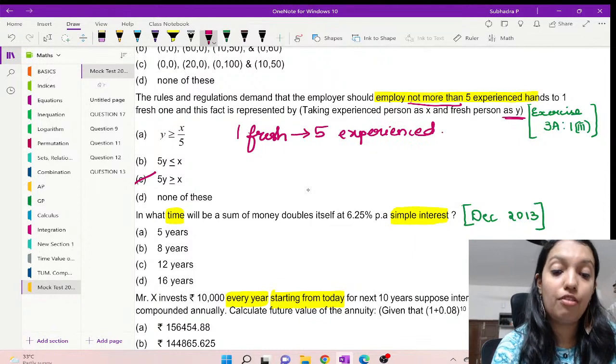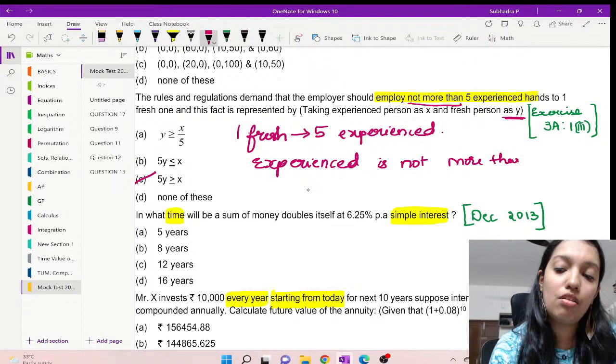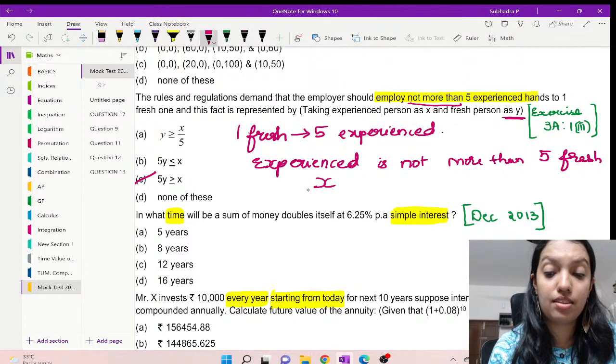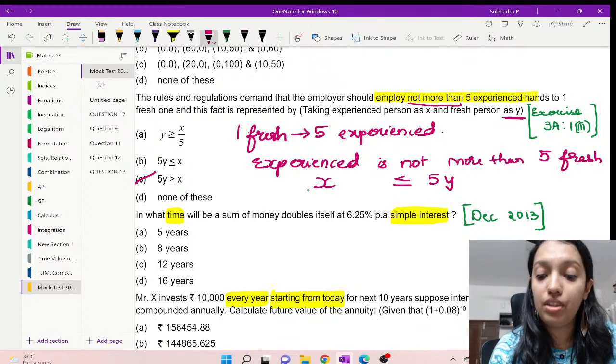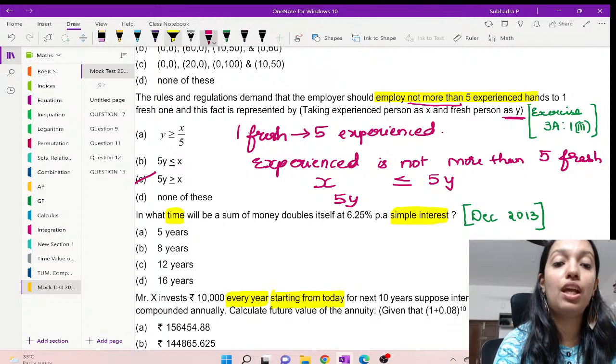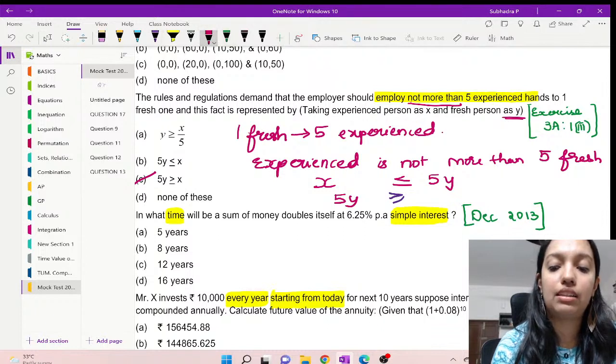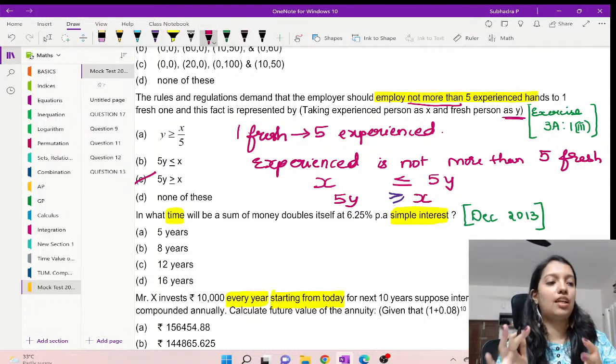So that means if I take experienced X, it is not more than 5 fresh. If I rewrite it, experienced is X, not more than 5 fresh is 5Y. So either you can write in this format. You don't have that in your option, do adla badli. So that will become 5Y. When you change the sides, this will become more than or equal to X, which is your option C.